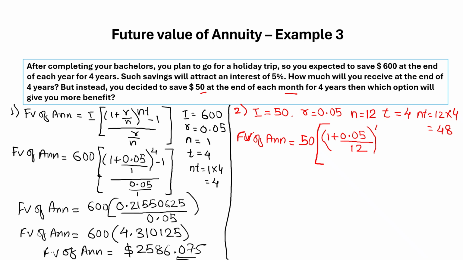What is my NT? 12 multiplied by 4, it is 48 minus 1, close the bracket, divide this by R. R is 0.05 divided by 12.